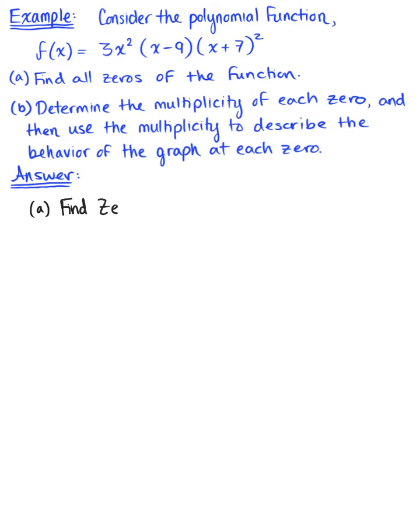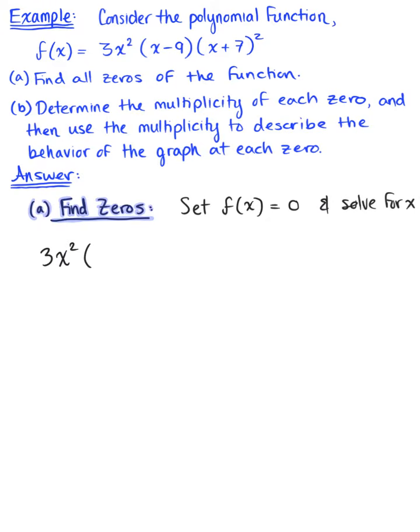So how are we going to find the zeros? Well, let's recall that in order to find the zeros, we need to set this function f of x equal to 0 and solve for x. So that's where we'll begin. We have our function 3x squared multiplied by x minus 9 multiplied by x plus 7 squared is equal to 0.